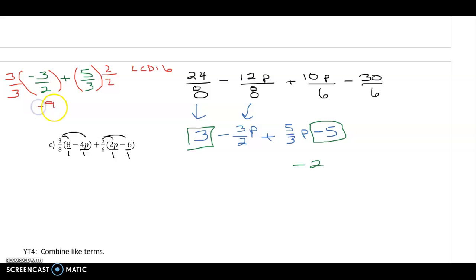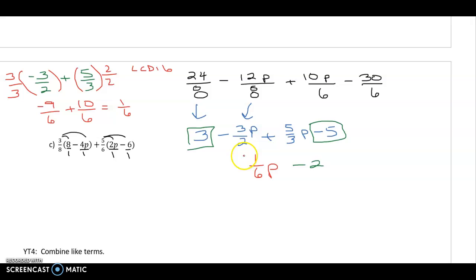That's going to give us negative 9 over 6 plus 10 over 6, which takes us to 1 over 6. So negative 3 over 2p plus 5 over 3p ends up being positive 1 over 6p minus 2.